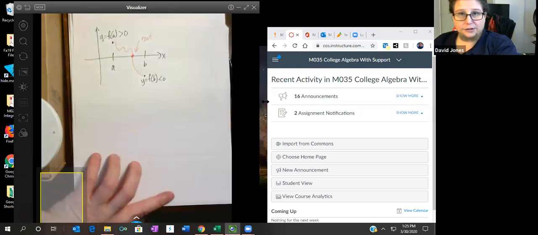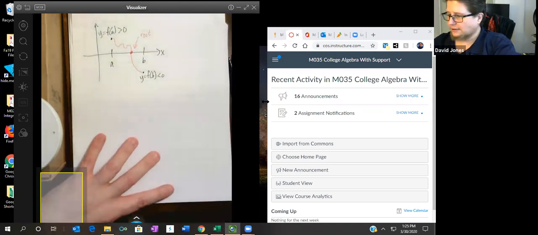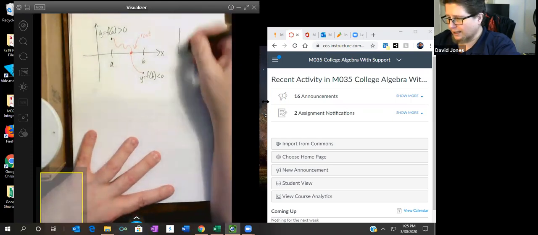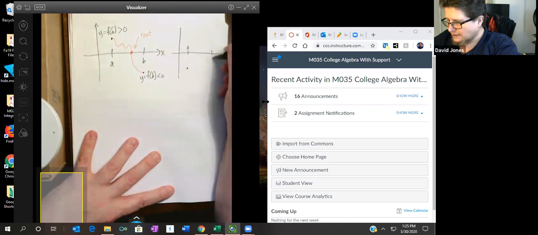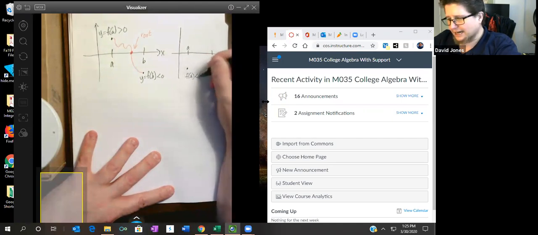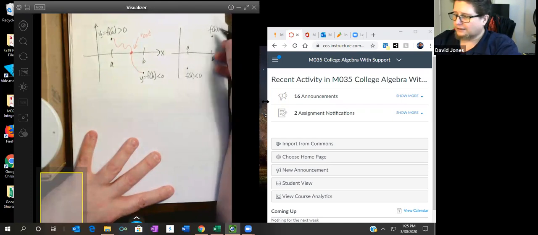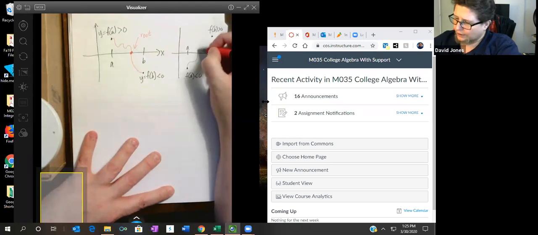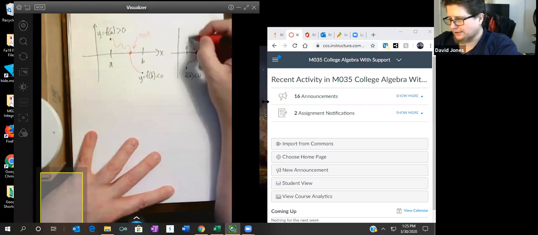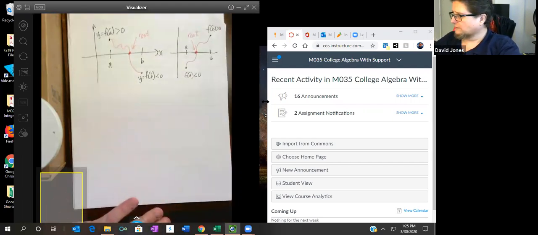Now, it may not be rational. It could be irrational, but it's going to cross somewhere. And it could be the other way. We could have f of A down here, f of A negative, f of B positive, and wiggle, wiggle, wiggle, root.